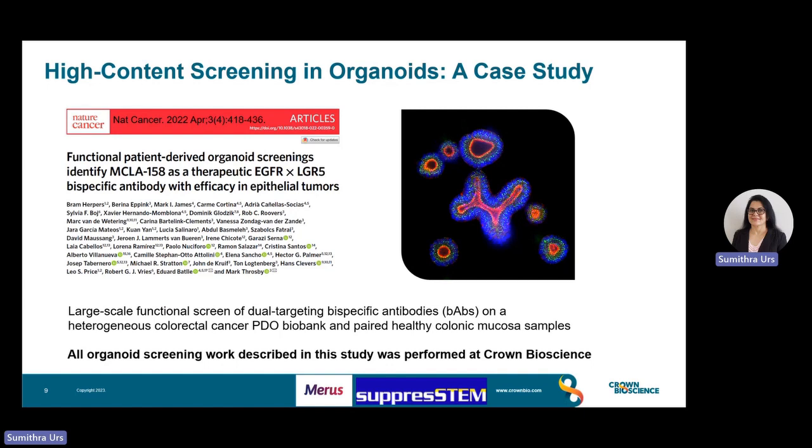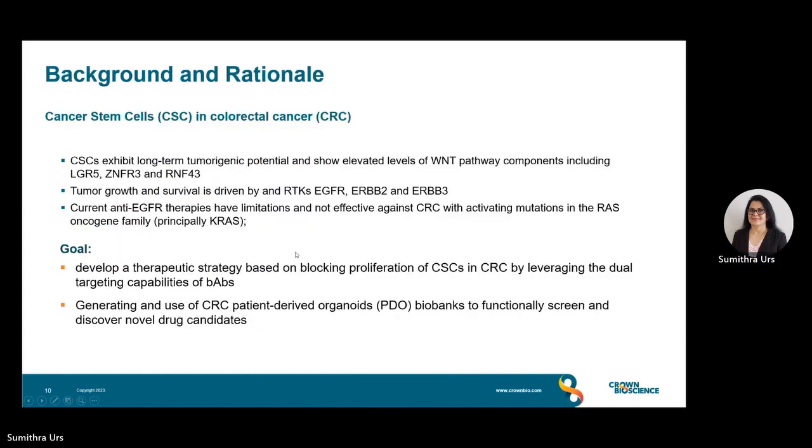This manuscript describes a large-scale functional screen of dual-targeting bispecific antibodies on a heterogeneous colorectal cancer PDO biobank and paired healthy colonic mucosa samples. To give you a brief background and rationale for the study, it focuses on targeting the tumorigenic potential of cancer stem cells in colorectal cancer.